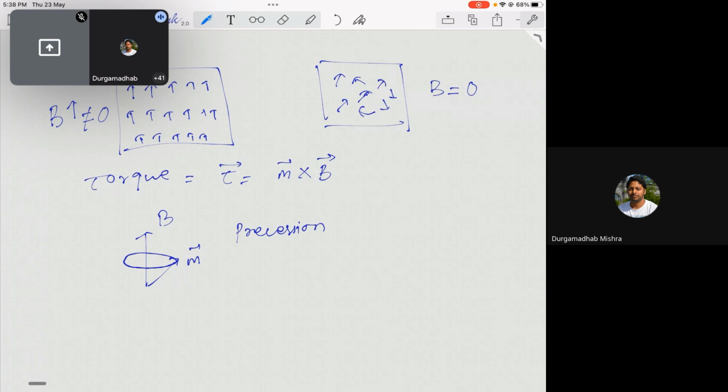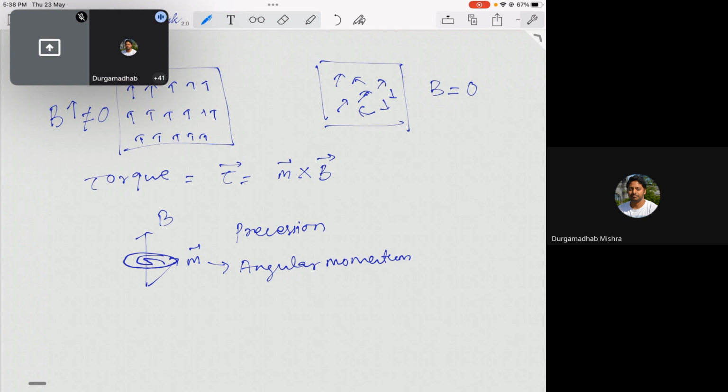It is because the magnetic moment is associated with angular momentum. It is like a vector which will not just flip and get aligned along the magnetic field, but it will move around this magnetic field, precess around it, and then slowly align along the magnetic field.